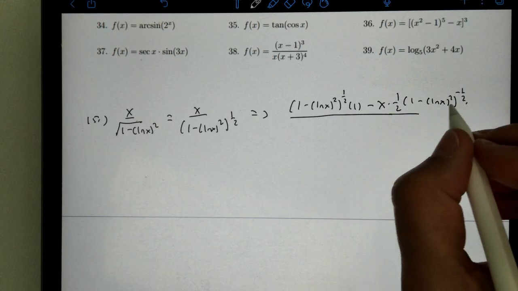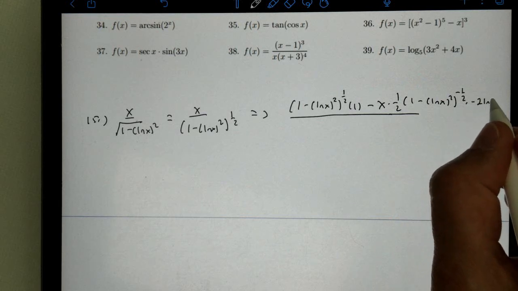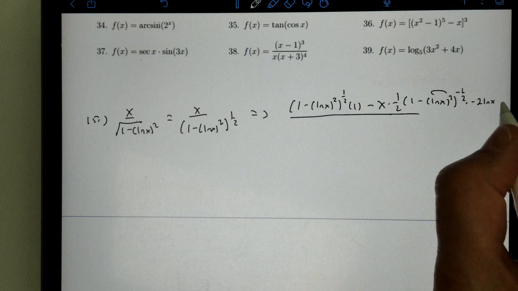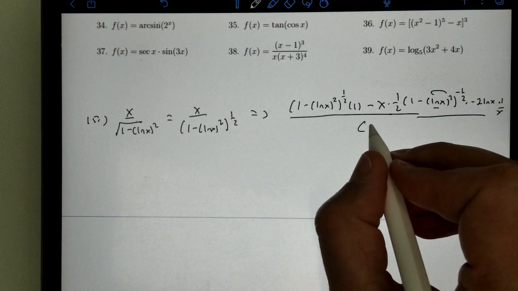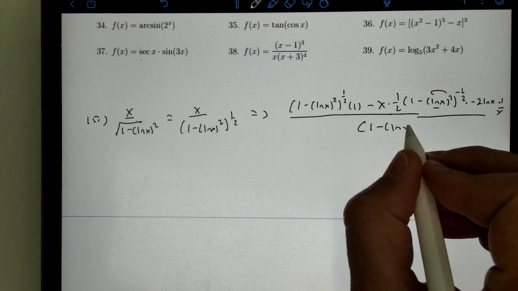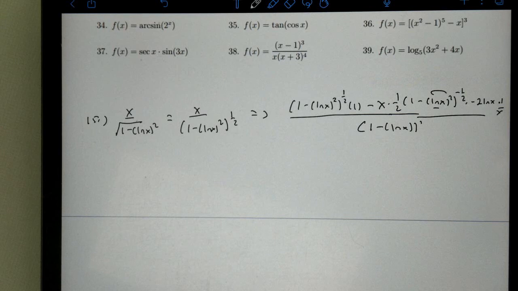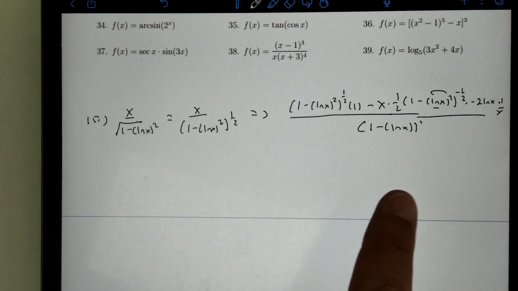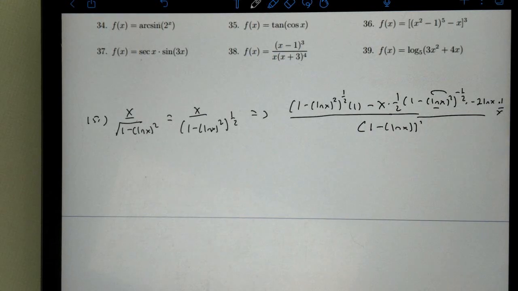Chain rule, derivative of the inside, this becomes negative 2 natural log of x, power rule, times the derivative of the inside, 1 over x, all over the bottom squared, 1 minus the natural log of x squared to the 1/2 to the first. There's your derivative. That is awesome if you can do that one. Now we normally don't like negative exponents, but I'm going to give the exception on this one.